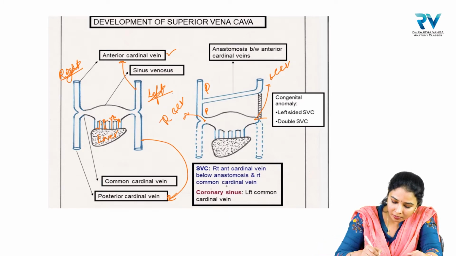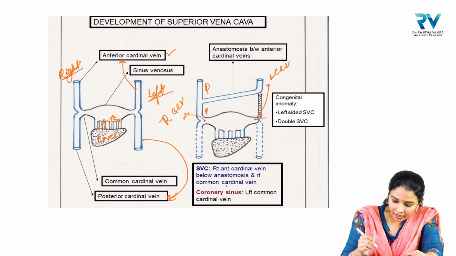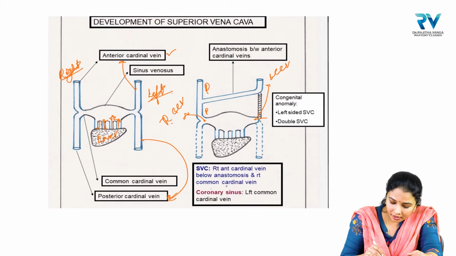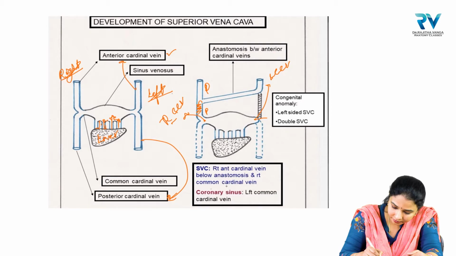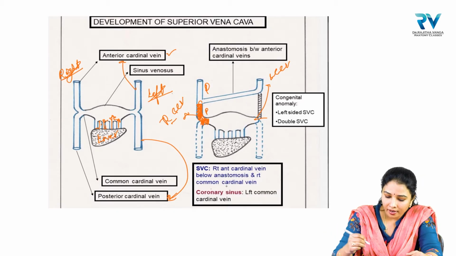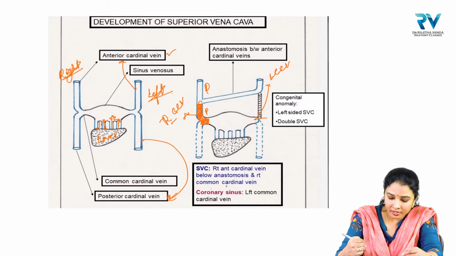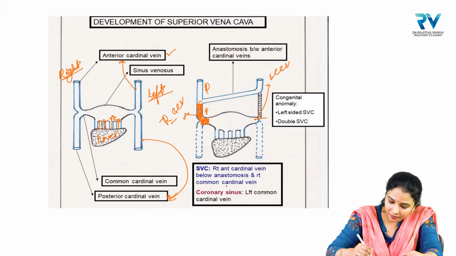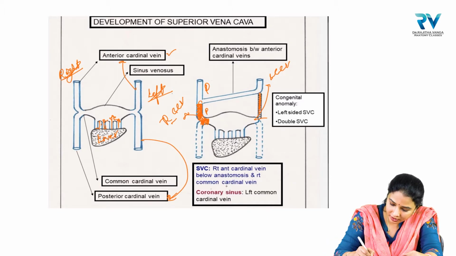So the proximal part of the right anterior cardinal vein and the right common cardinal vein, from here till here, forms superior vena cava. And the left anterior cardinal vein, we can see the proximal part will disappear and disintegrate completely.